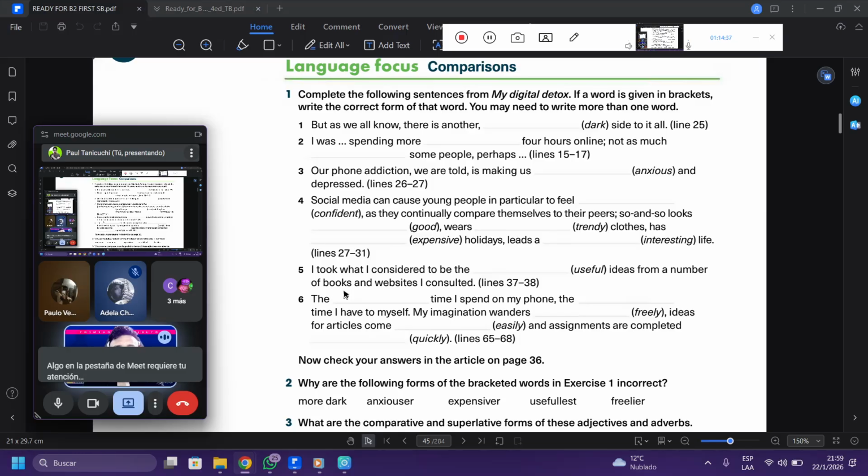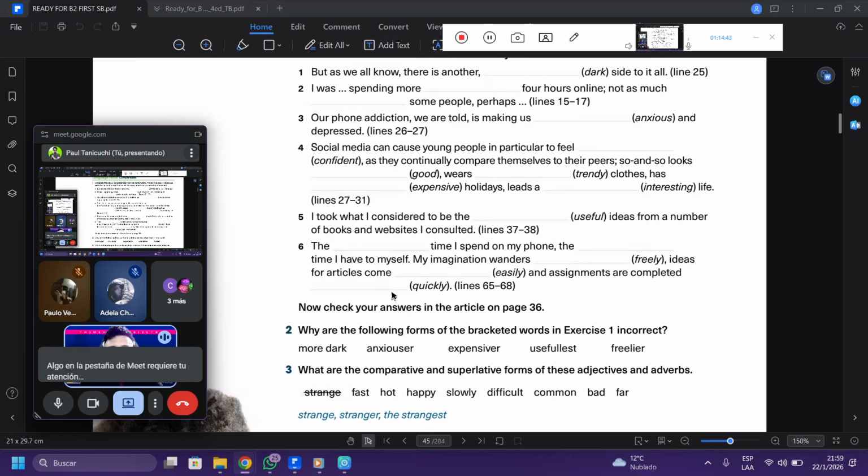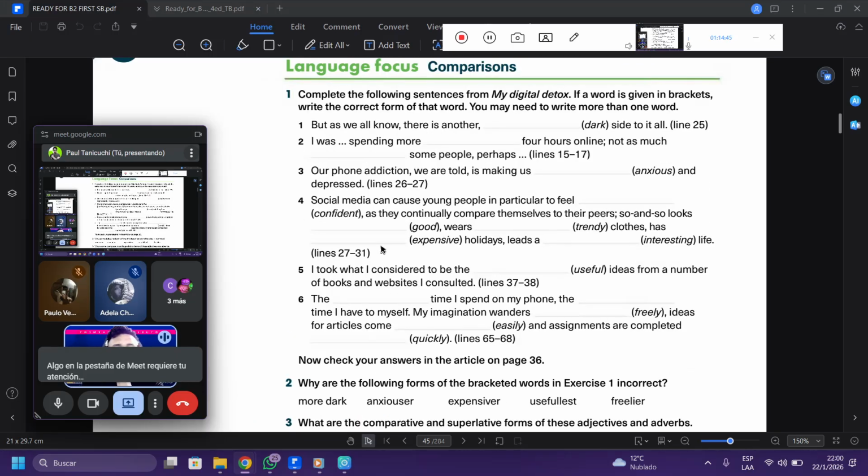In number 6, we have: the time I spend on my phone is the time I give to myself. My imagination wanders freely. Ideas for articles come easily, and assignments are completed quickly.